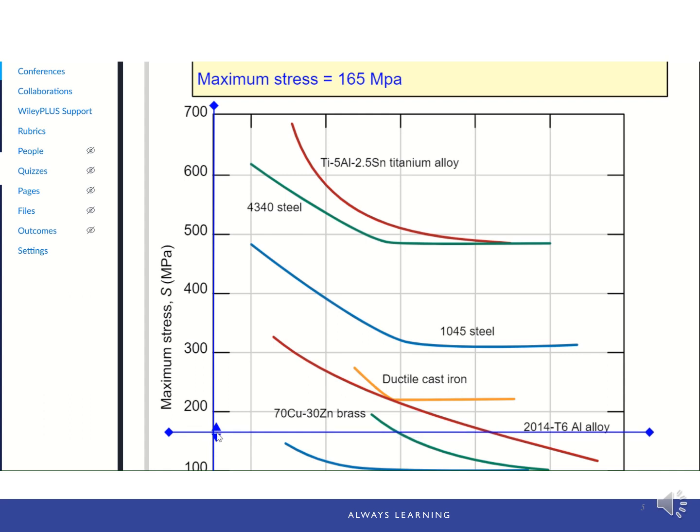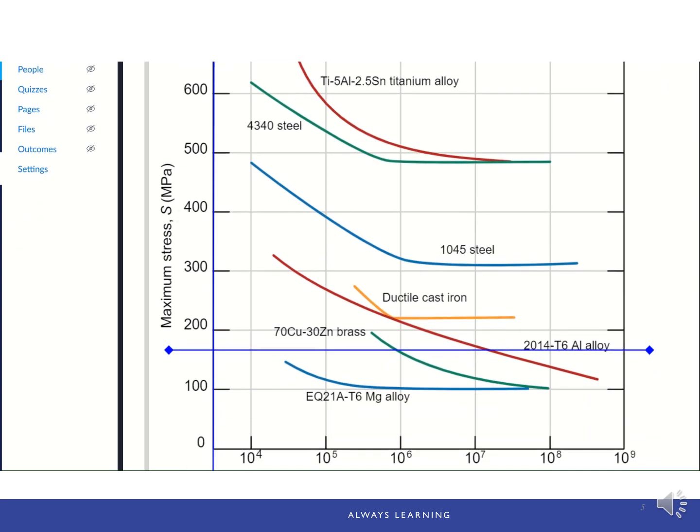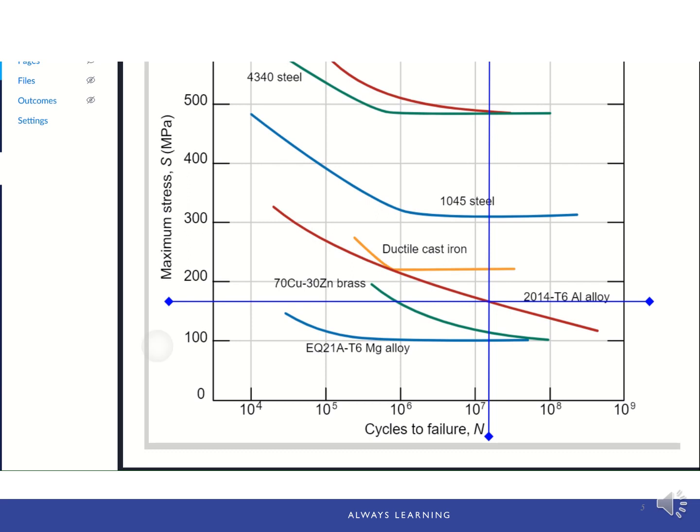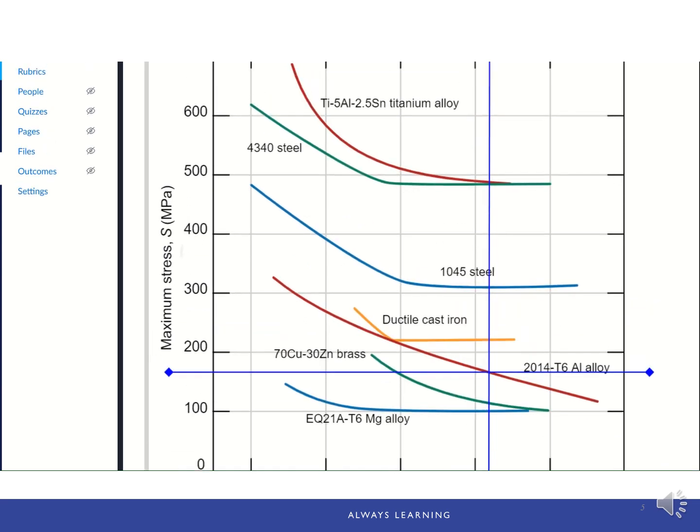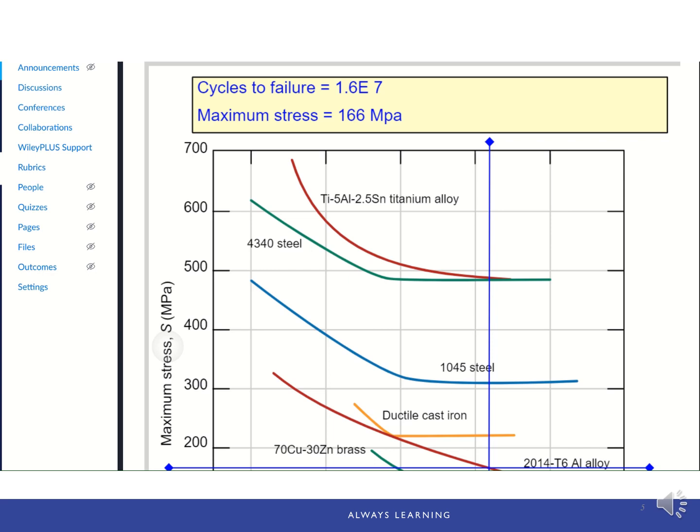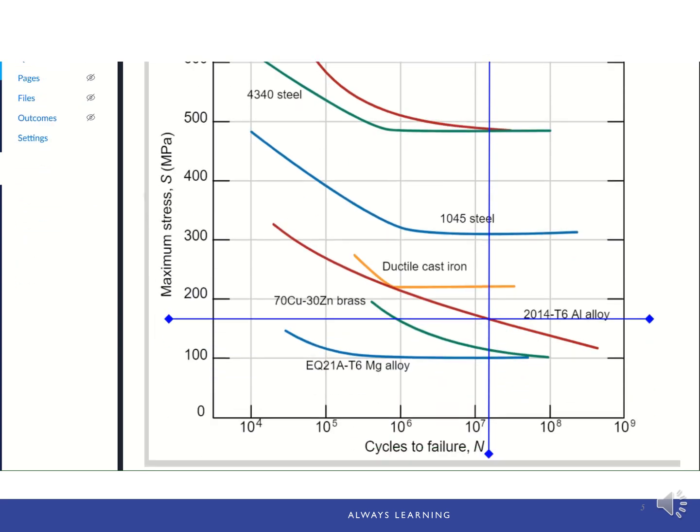Move your bar all the way to 166 megapascal, and then move the vertical bar to the intersection of the horizontal line and the material line, which is the dark red line here, at this point. The corresponding N is the fatigue life. And the N now is 1.6 times 10 to the 7.